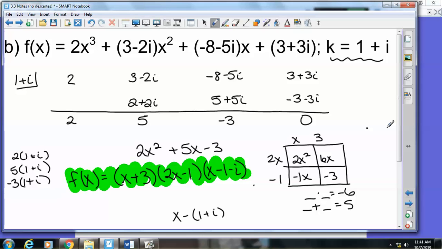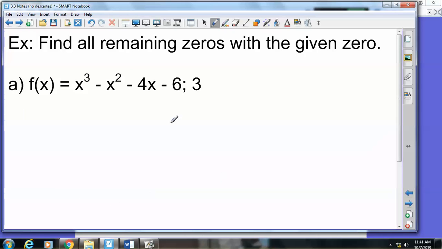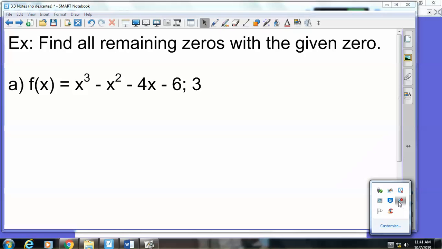Okay. Questions right there? I want you to start the next one on your own. The directions are slightly different. I asked for all the remaining zeros. Go ahead and do the factored form for me first. Okay, so start this, factor it down, and then we'll talk about the next step.